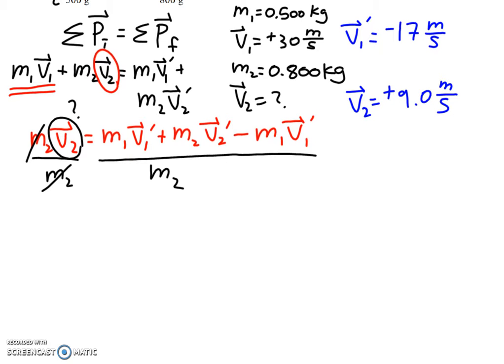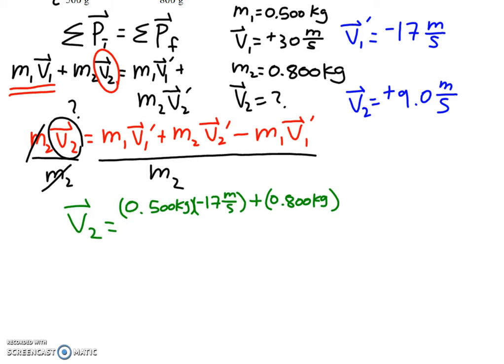So that means my V2 is equal to 0.500 kilogram times V1, which is final negative 17 meter per second, plus my second mass, which is 0.800 kilogram, times my final velocity V2.